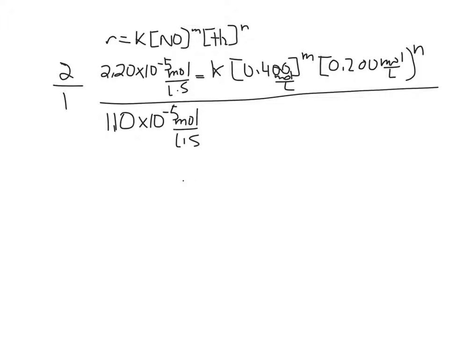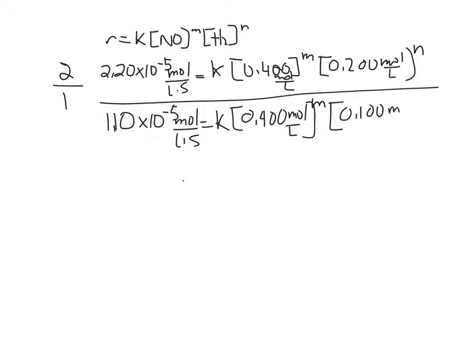So for trial 1, we have the rate, we have the K, we have the concentration of NO, and we have the concentration of H2. Everything is going to cancel except for these.